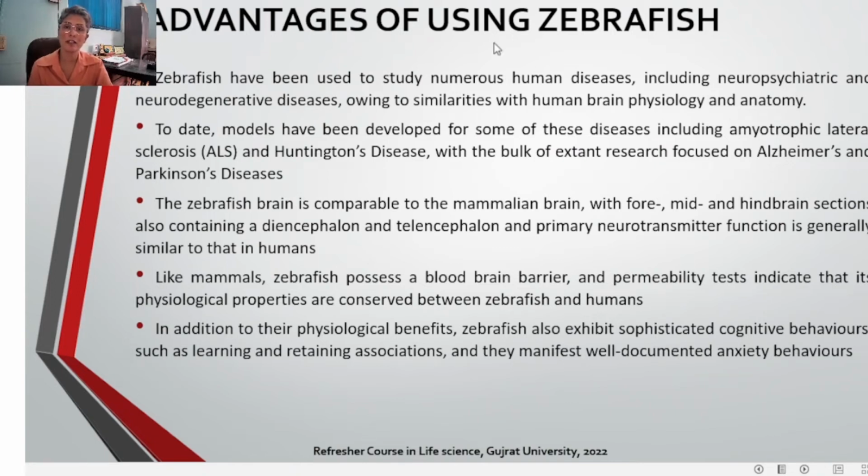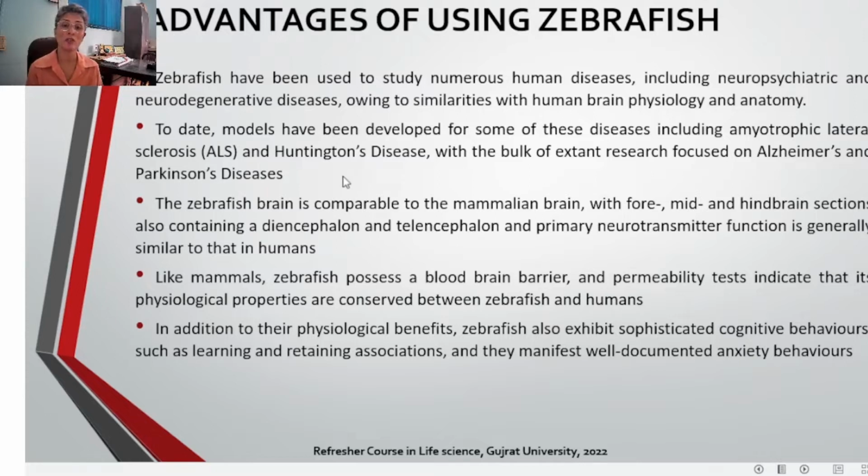Another advantage of using zebrafish is that they have been used to study numerous human diseases, including neuropsychiatric and neurodegenerative diseases, owing to similarities with human brain physiology and anatomy. The brain of the zebrafish also has a midbrain, forebrain and hindbrain.